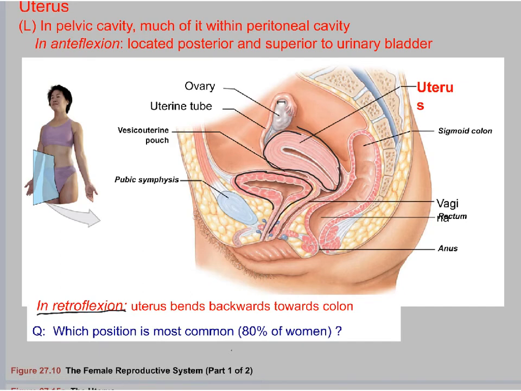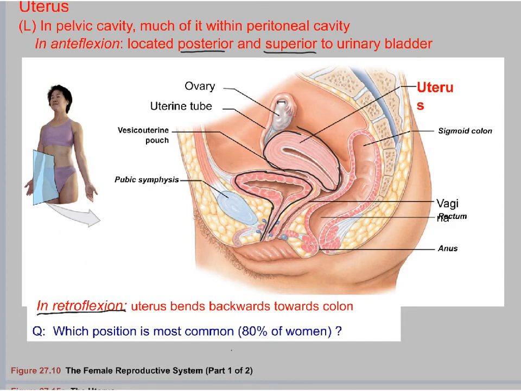So there's the bladder. And that uterus, remember, is what we call posterior-superior, or posterior and superior. So that means the uterus is positioned behind the bladder and slightly above the bladder.